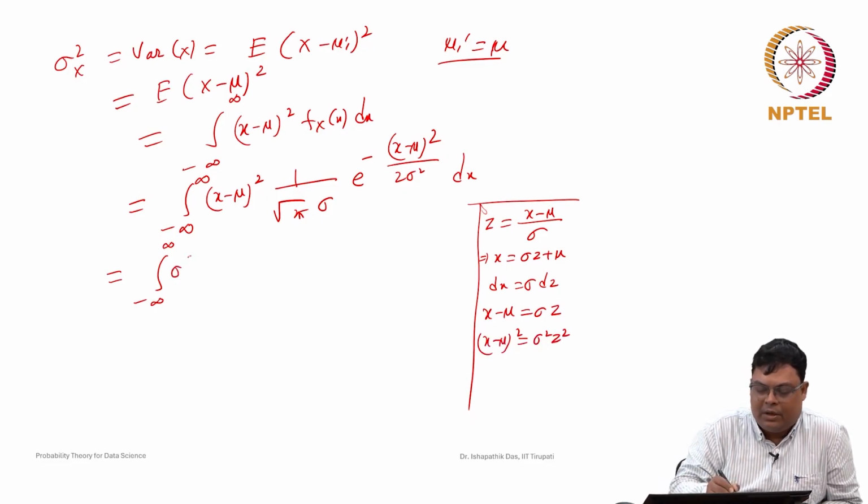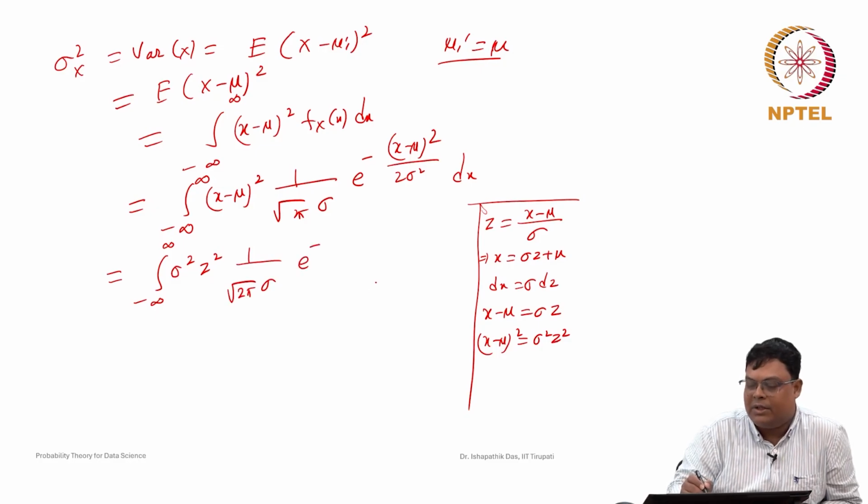So this is sigma square z square times 1 by root 2 pi sigma, as it is, e to the power of minus z square by 2, and then dx is equal to sigma dz. So this sigma and sigma cancel.